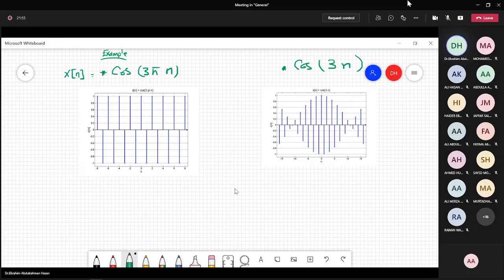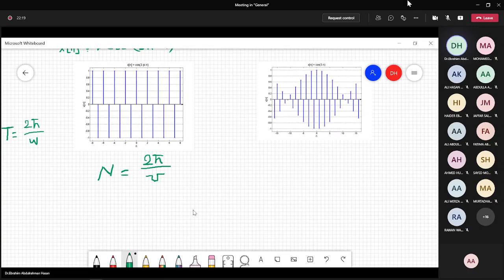As we said, for continuous, T equal to 2 pi divided by omega. In discrete, N equal to 2 pi divided by omega. Omega in discrete, we write it like this. هذه omega.